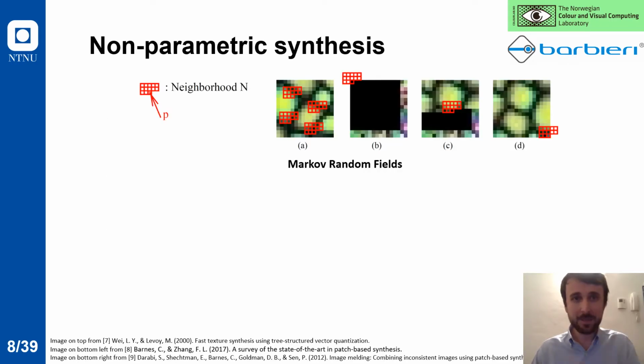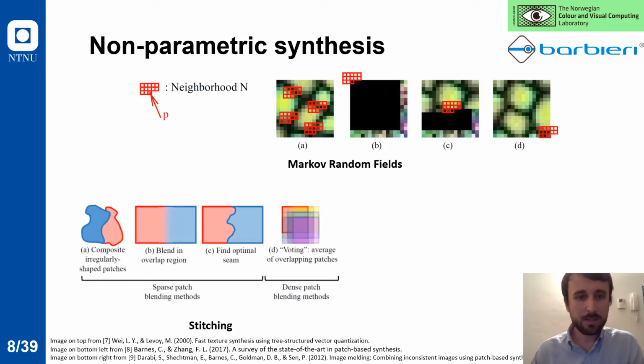On the other hand, non-parametric synthesis techniques are more varied. Markov random field based ones usually generate new texture pixel by pixel on the basis of the neighborhood of the pixel.